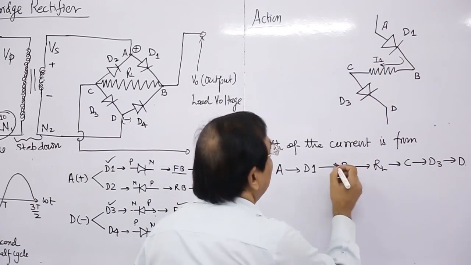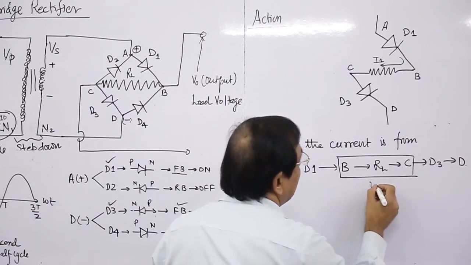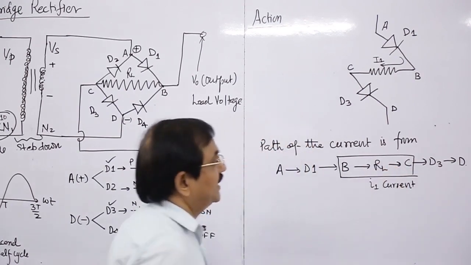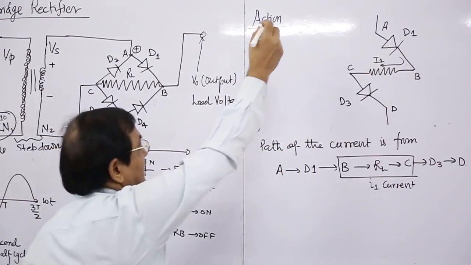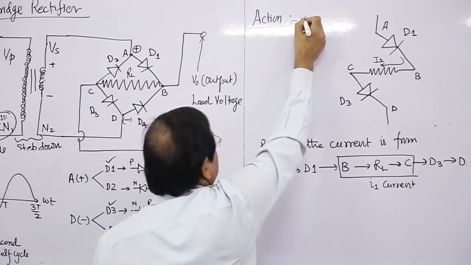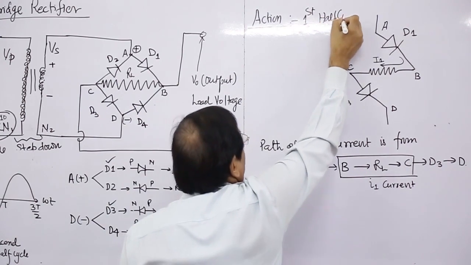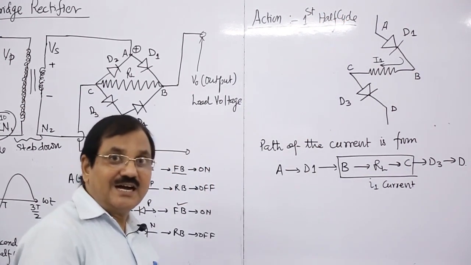So I1 is flowing from B to C. This is the action in the first half cycle. What about the second half cycle?